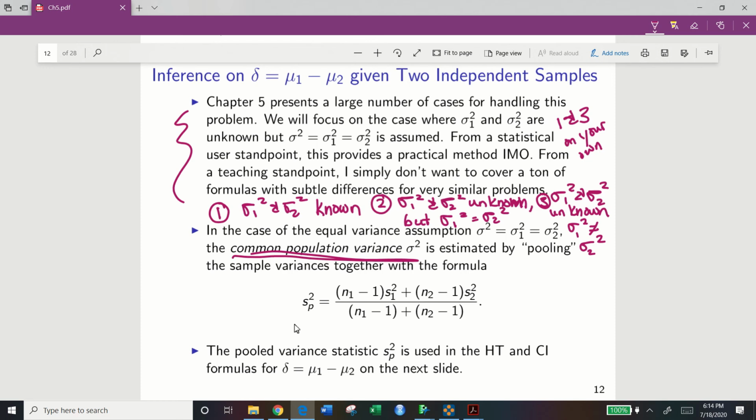We use this formula, sp squared, also known as the pooled variance, which is equivalent to the quantity n1 minus 1 times s1 squared plus the quantity n2 minus 1 times s2 squared, all over n1 minus 1 plus n2 minus 1. Sometimes if you're looking this up online, you'll see this simplified and rewritten as n1 plus n2 minus 2. That's honestly how I prefer to write it, but that's just me.